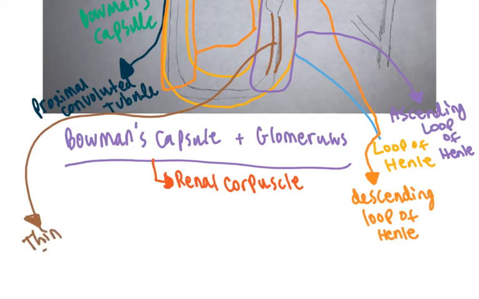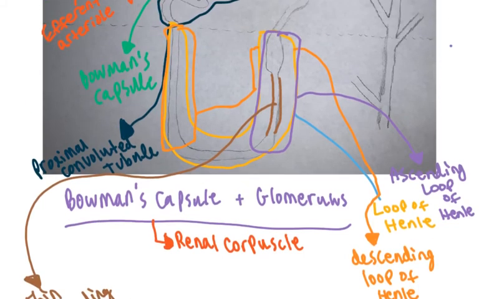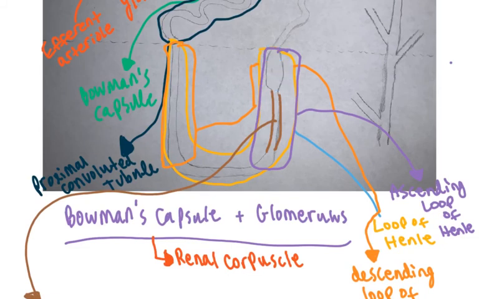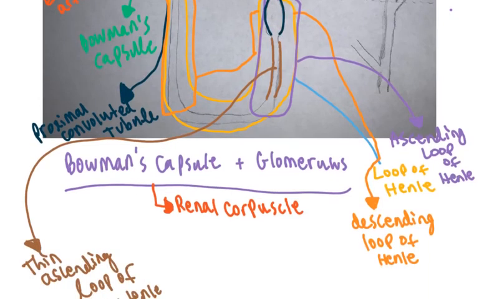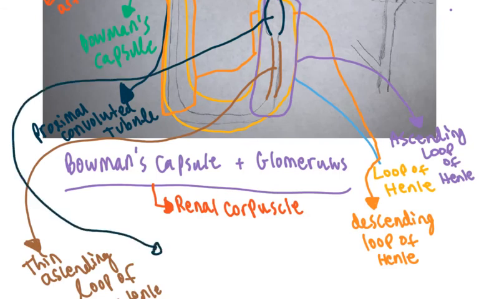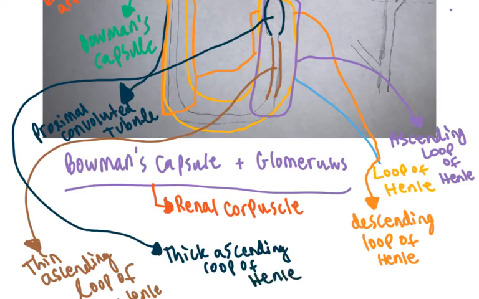And then the thick part, still part of our ascending loop of Henle, is going to be called our thick ascending loop of Henle.